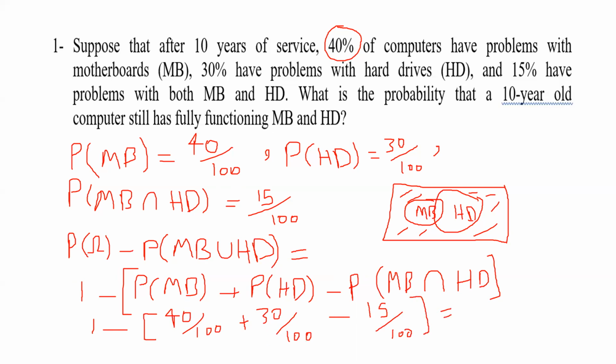Okay, so here inside this square bracket, we have 55%. So what's the final answer? 45% is the final answer for this probability. The probability that after 10 years, the computer is fully functioned. It doesn't have any problem with motherboard and hard drive.